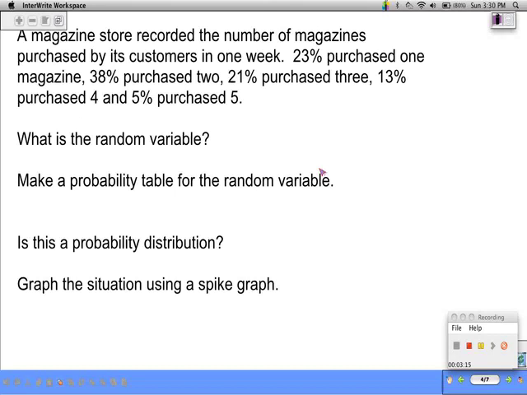So here's an example. A magazine store tells us what percent of the customers purchased how many magazines. The random variable in this would be the number of magazines purchased.